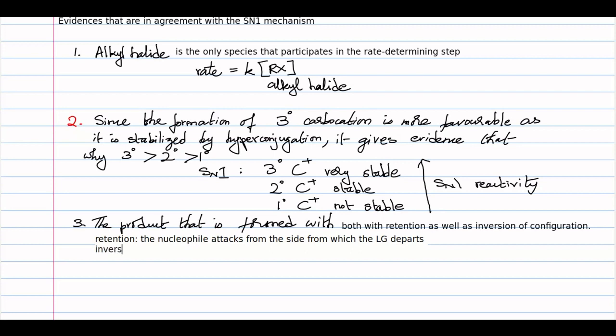And if it's inversion, the nucleophile attacks from the opposite side to the side from where the leaving group departs.